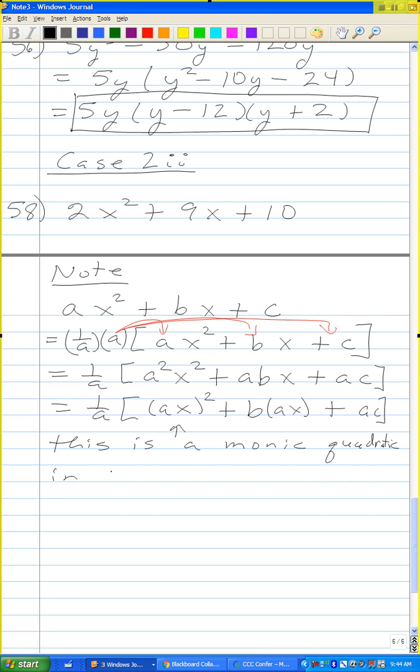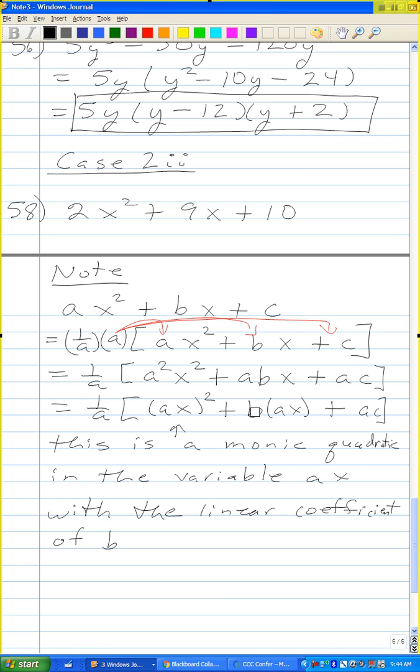in the variable ax with the same linear term, with the linear coefficient of b. Just like, so we started out with a linear coefficient of b.